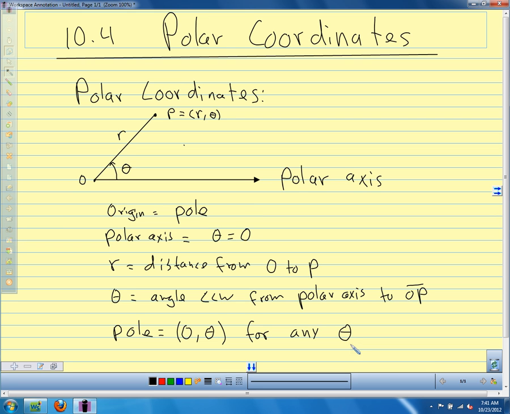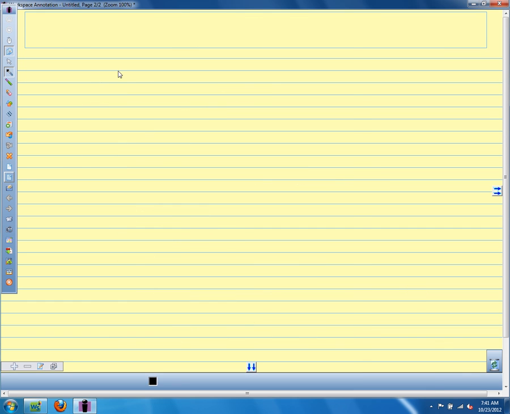A couple of things that we're going to be interested in doing, and we're going to use as a tool, is coordinate conversion. We're going to convert between polar coordinates and rectangular coordinates. We'll also end up converting between polar and cylindrical, polar and spherical. So we'll do all kinds of coordinate conversion. And again, mostly stuff that you've seen before.